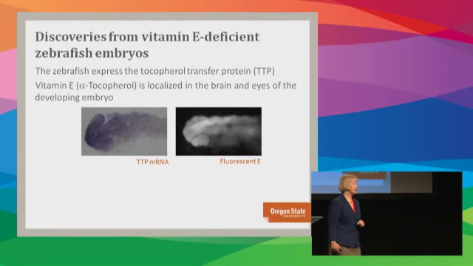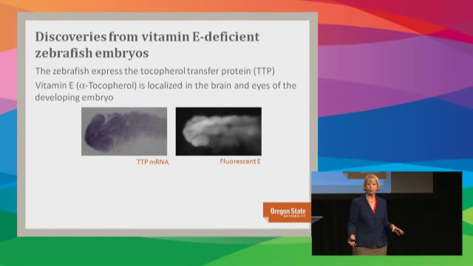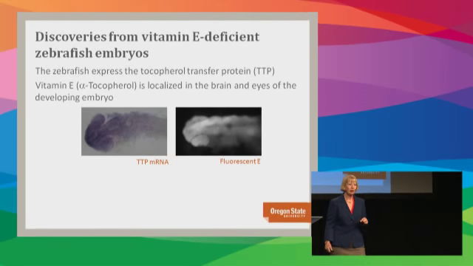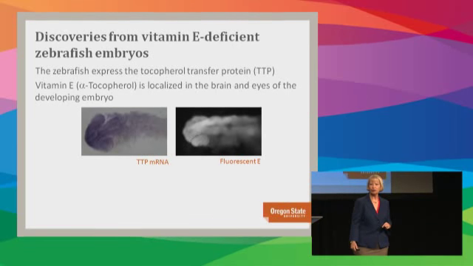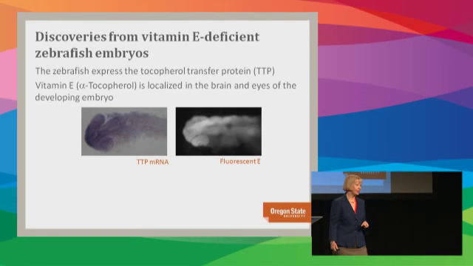Now, the other thing we discovered about the zebrafish, which is very interesting, is that the tocopherol transfer protein. In humans, it's only in the liver, and so far it's been detected in the brain. But here we're showing you that the message, so messenger RNA for this protein, is in the brain and eyes, and the black and white picture shows you that vitamin E itself is localized in the brain and eyes of the zebrafish.